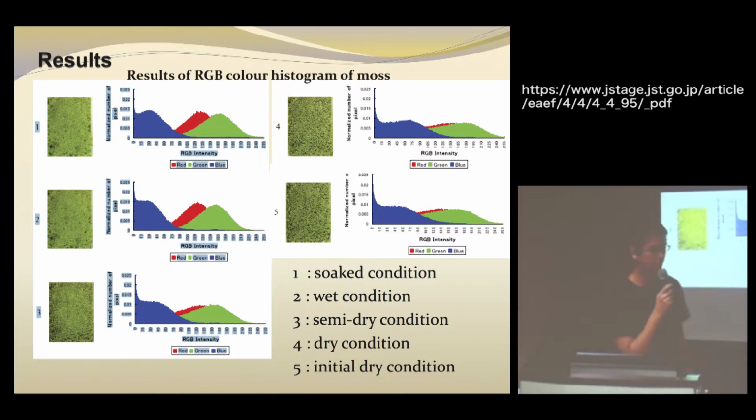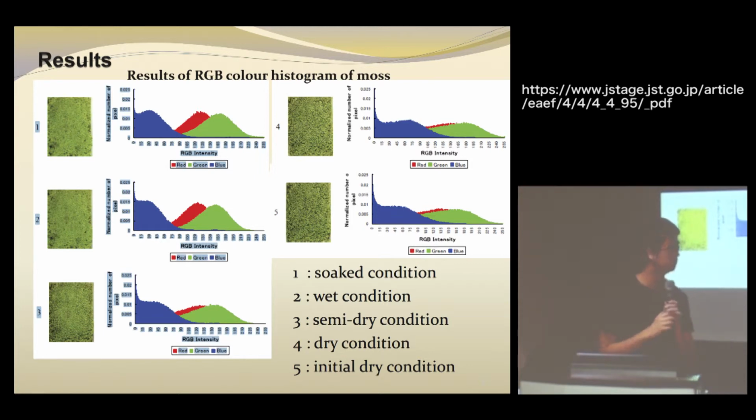Here are the results of different conditions of moss. So we can see in the RGB histogram that if the moss is soaked and in the wet condition, it's almost the same color histogram.